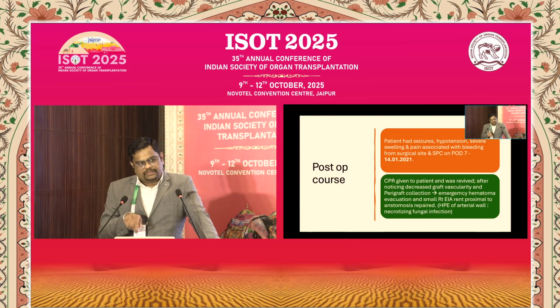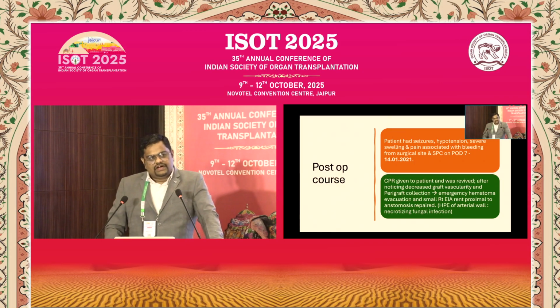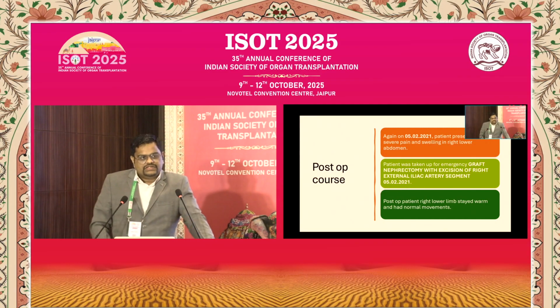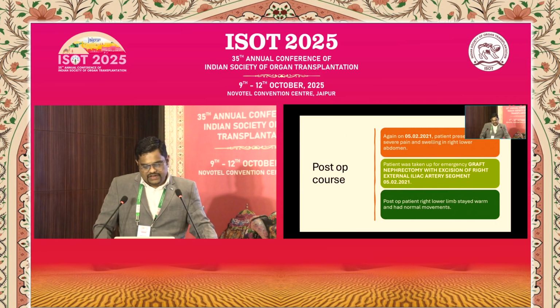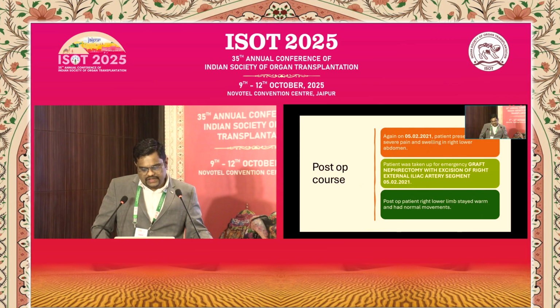Histopathology of the biopsy of that lesion, the rent, which was repaired, showed a necrotizing fungal infection. So this is 14th of January, and again 15-20 days later, on 5th of February, the patient presented with severe abdominal pain, swelling in the right lower limb, and then again it had bled.